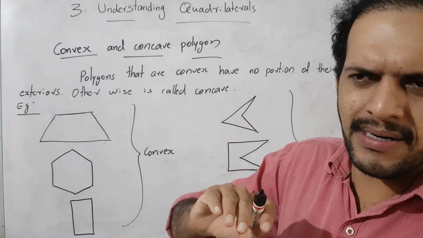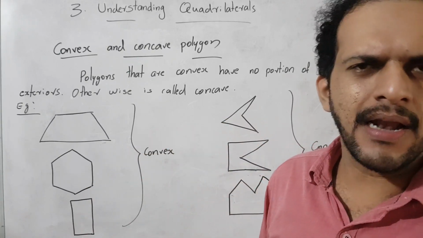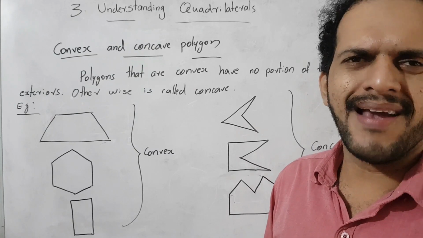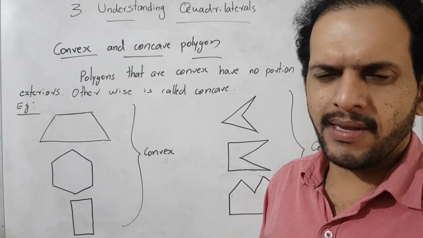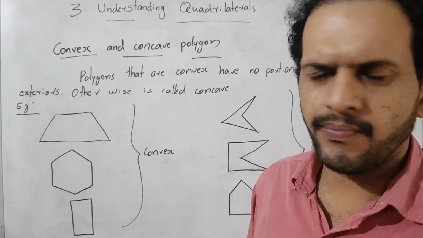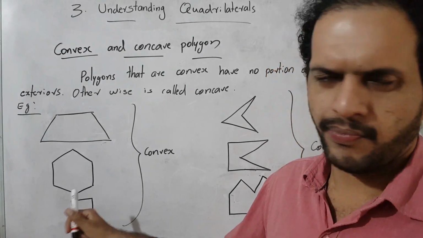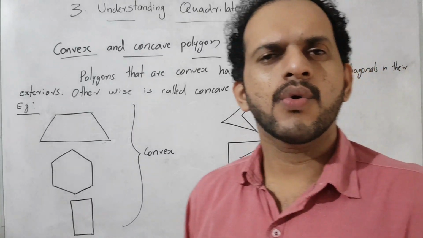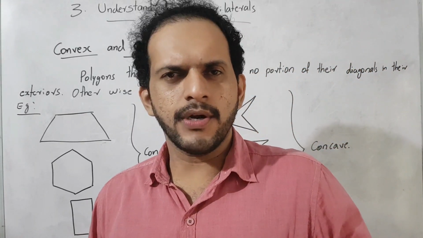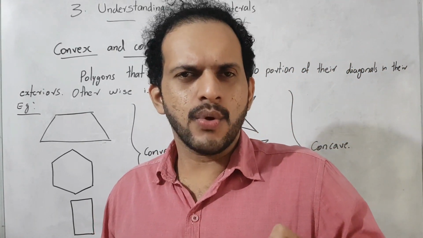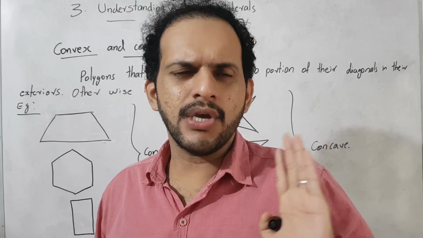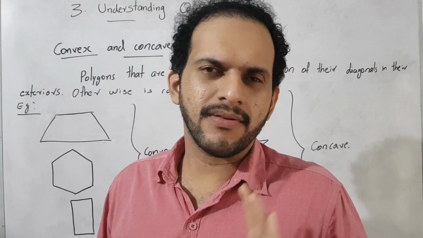That means no portion of the diagonal comes outside of the figure; there is no exterior part. Everything is inside, interior, correct? So this type of polygon is called convex. If we draw the diagonals and no portion lies in the exterior, it is called convex.